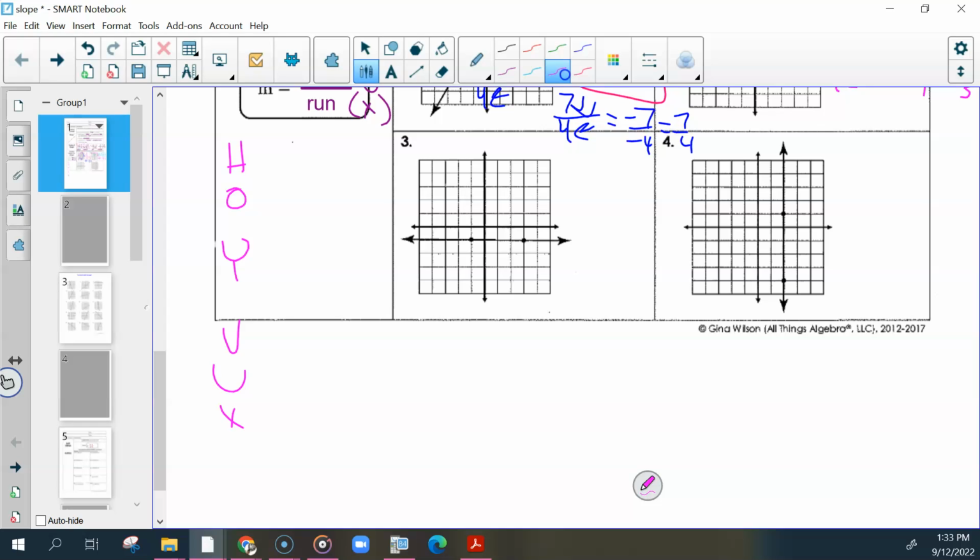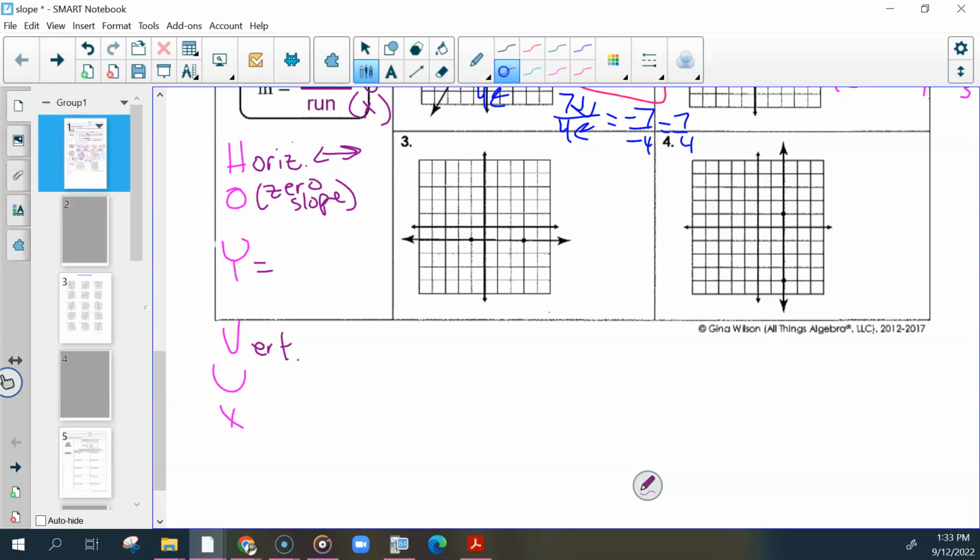Okay. So this stands for: horizontal lines have a 0 slope and are usually y equals. And then the opposite is true.